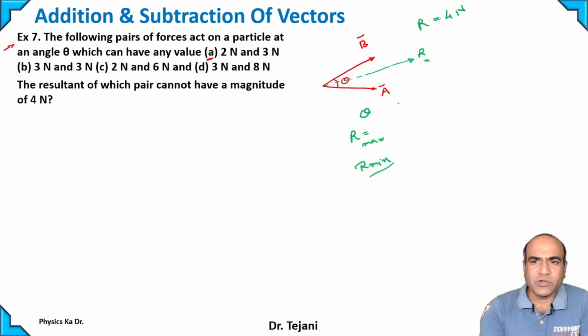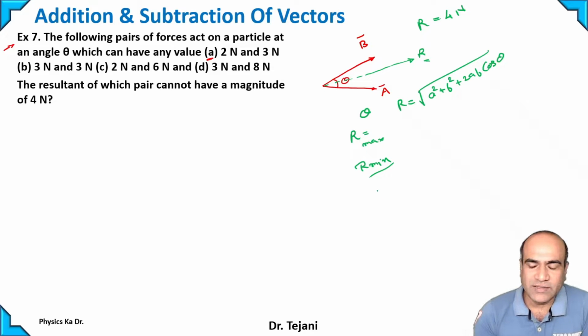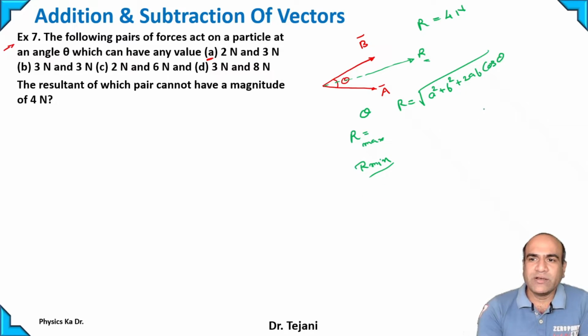So what is the equation of R? That is R is equal to under root A square plus B square plus 2AB cos theta. This is our equation, right? So we know that when theta is equal to 0, cos theta is 1. That means R is equal to A plus B, that gives us maximum.